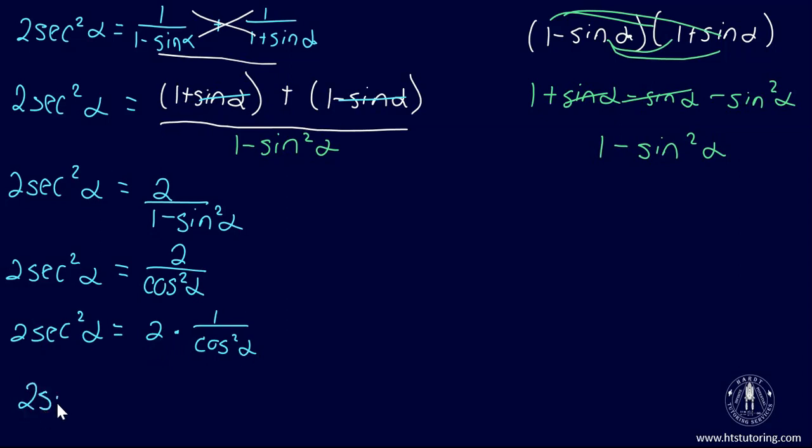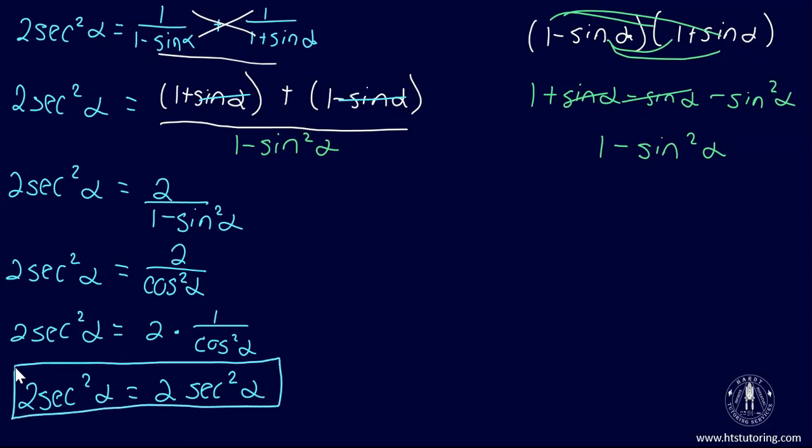And so ultimately I end up with 2 secant squared alpha equals 2 times 1 over cosine squared alpha. Well, 1 over cosine is secant, so 1 over cosine squared is secant squared alpha. And we have just proven, or verified, this trig identity.